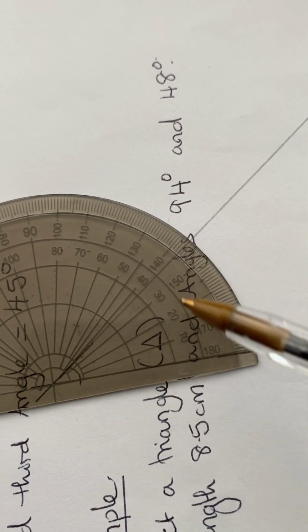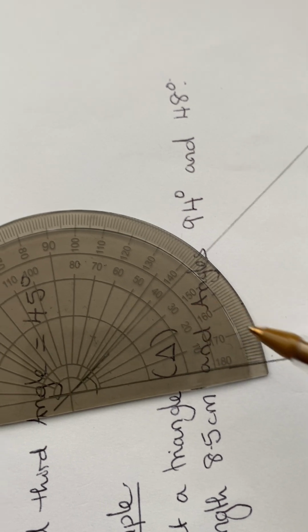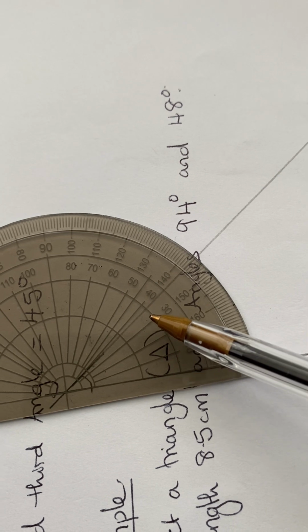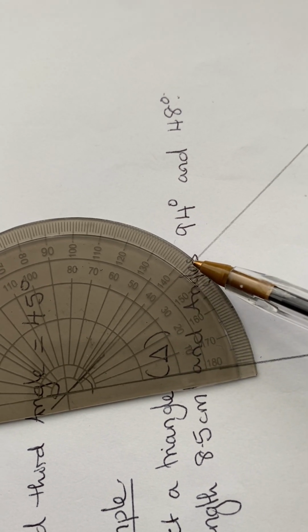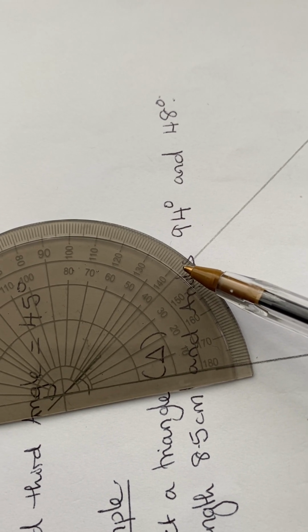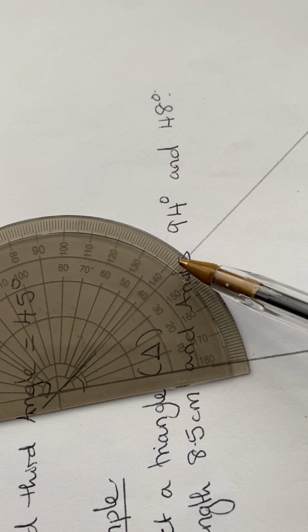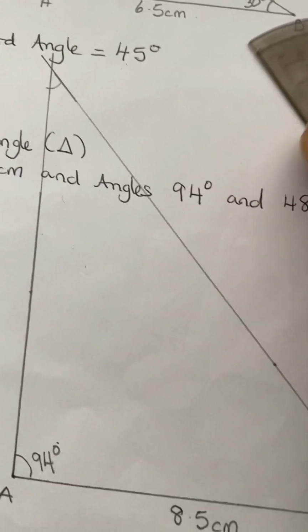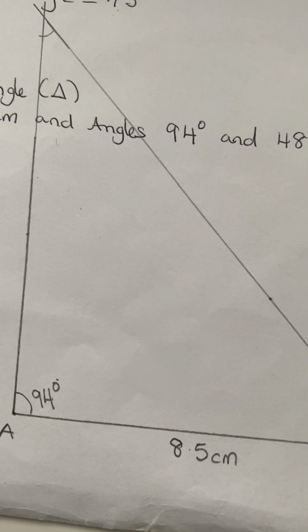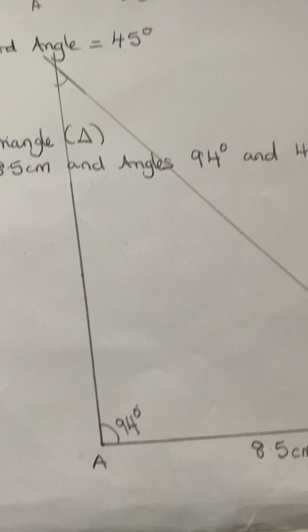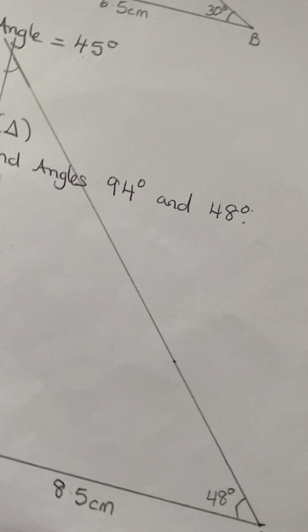Let's start from this scale. There are 2 scales on the protractor. So that is 30. It's past 35. It's about 38. So again, the 3 angles in a triangle add up to 180, and that is how maybe that has become a theory that we use in maths.